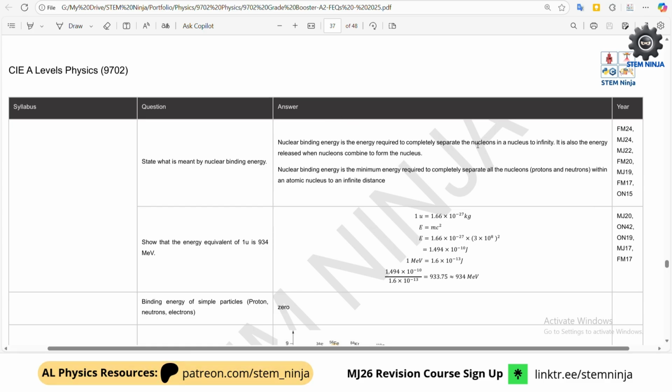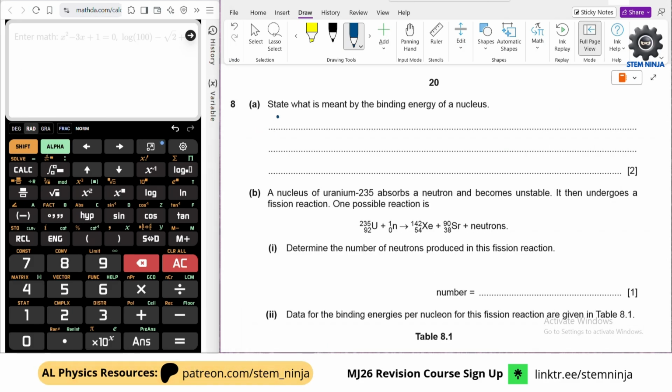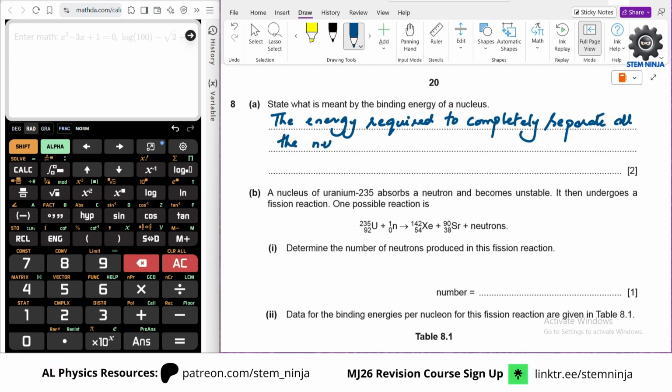It is the energy required to completely separate all the nucleons in a nucleus to infinity.